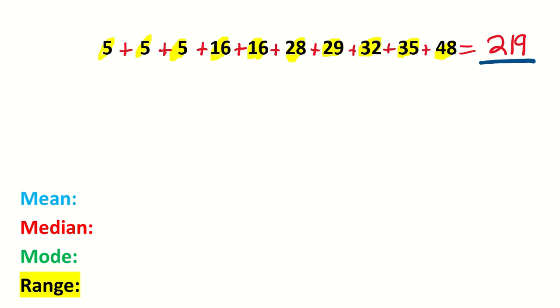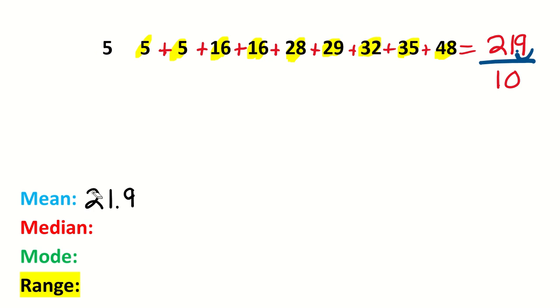Now, assuming we've done that correctly, we just need to divide 219 by 10. And remember, if you're dividing by 10, you can simply move the decimal one place to the left to find the quotient, so to speak. So our mean is going to be 21.9. Also affectionately known as 21 and 9/10.